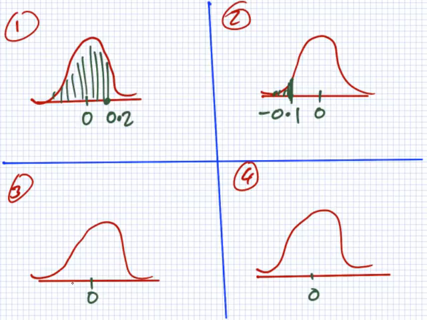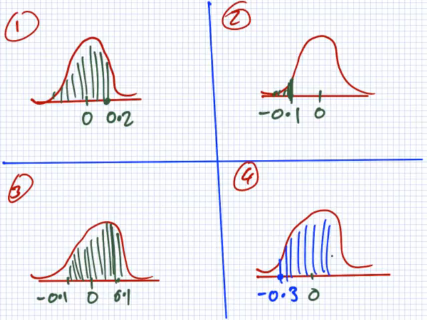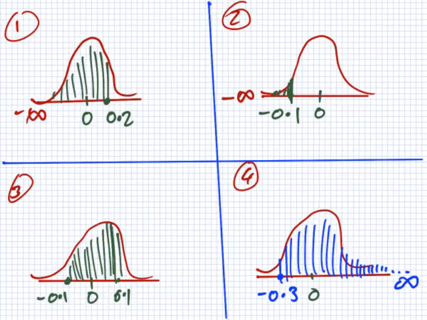And this one can be minus 0.1 and 0.1. And then this one here can be minus 0.3. And this one here, just to be clear, it stops here at 0.1 and minus 0.1 here, so it stops there. Okay, so here's 4 examples.